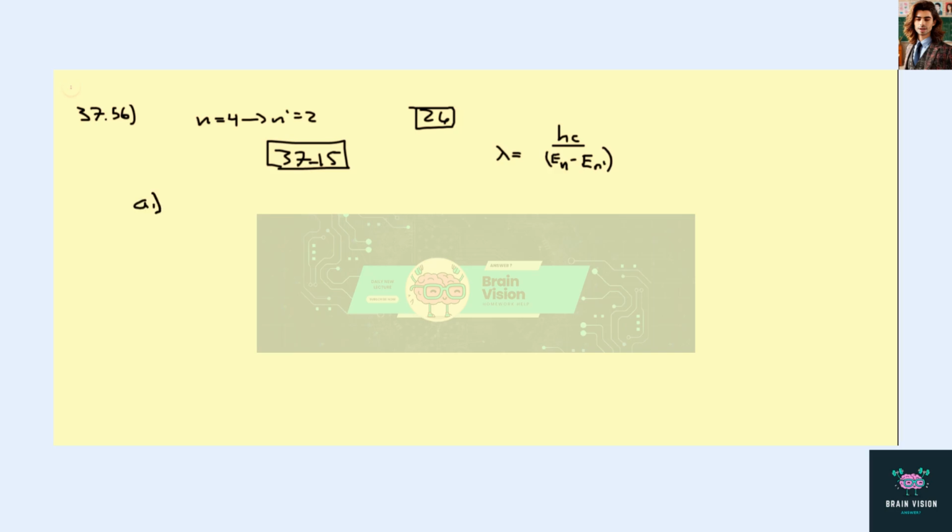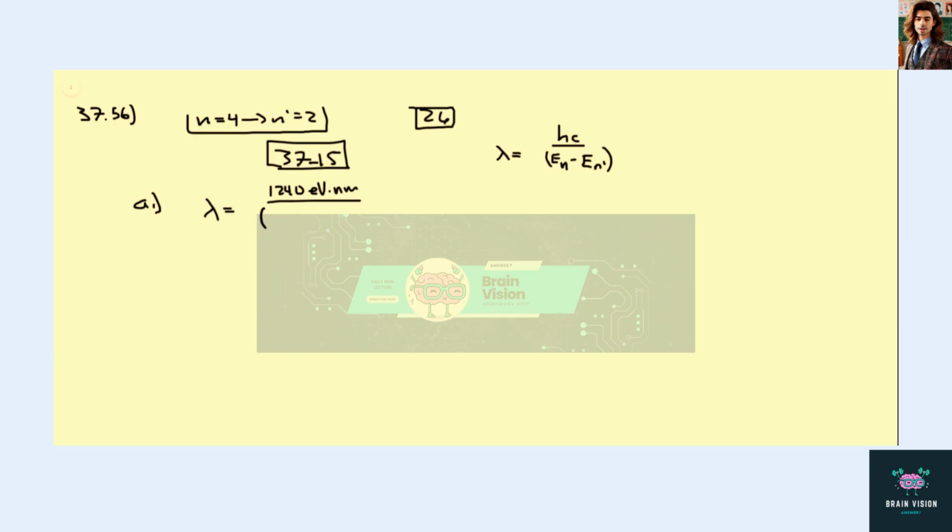So for part A, for the second Balmer line, which we said is n equals 4 to n prime equals 2, we can look at the figure to find the energy levels. We can write lambda as hc, which is 1240 eV nanometers, divided by E4.